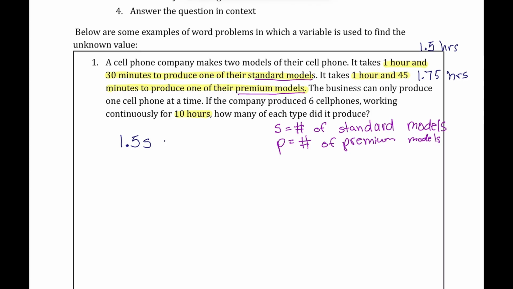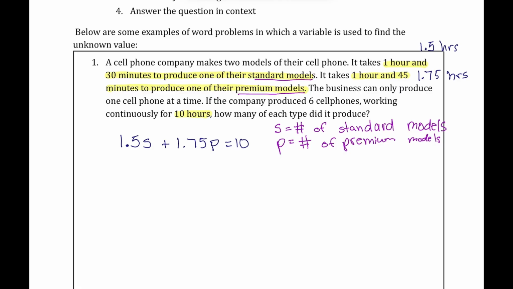So we're going to add that on to the 1.5S. So 1.5S plus 1.75P, that's the total amount of time creating standard and premium models put together. And we know that that has to equal 10 hours because we're given that that's the total amount of time that they spent working on creating phones. So that is our first equation.